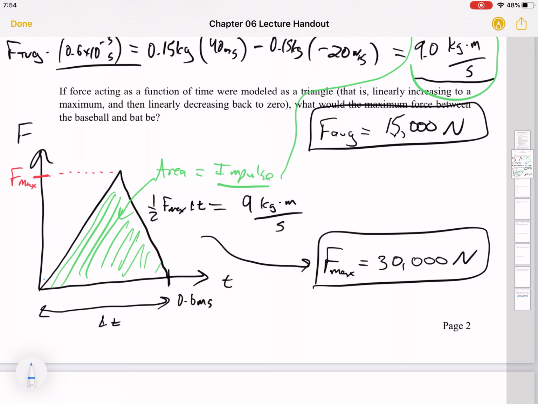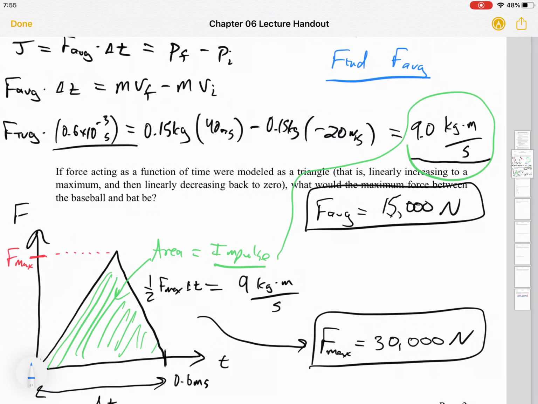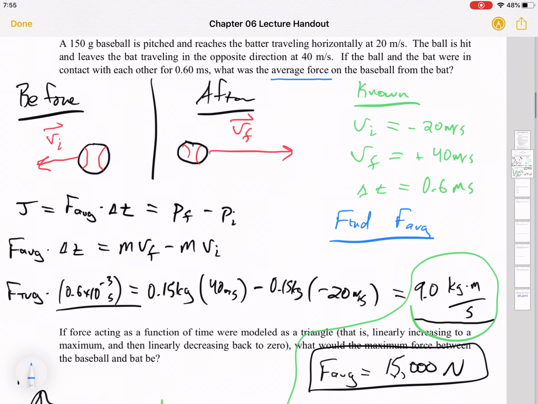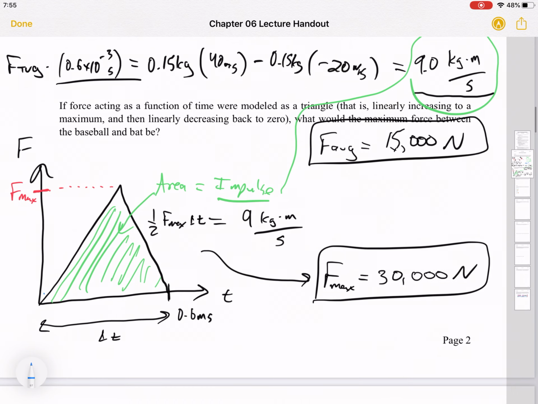You could take the average fastball speed, or even the maximum fastball speed, as your v initial, and then a typical speed at which the baseball leaves the bat as your v final. Solve for an impulse, and then model it this way. Then you'd probably use a safety factor. You'd say, this is what I calculate for my F max, let's multiply by a factor of 4 or 5, and make sure that our baseballs can handle that.